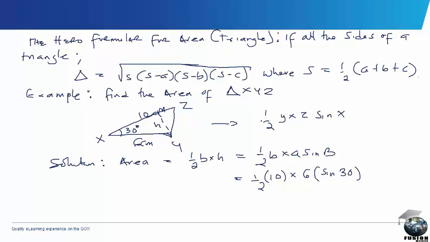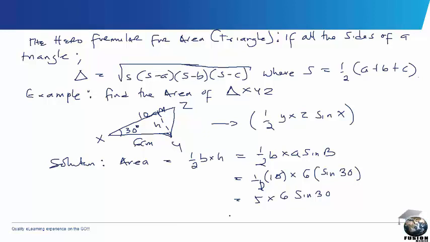Then 2 goes into 10, so you have 5 times 6 sine 30. Sine 30 is equal to half when you punch it on your calculator.